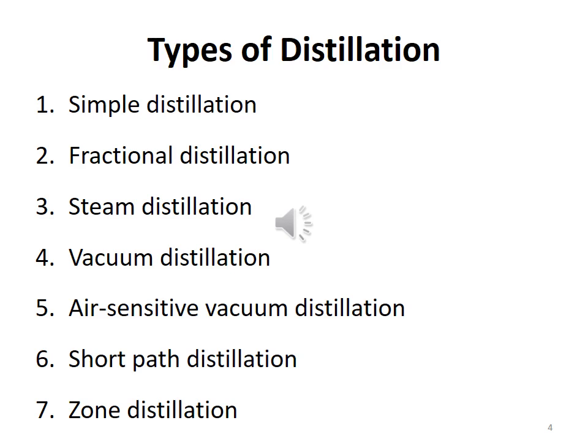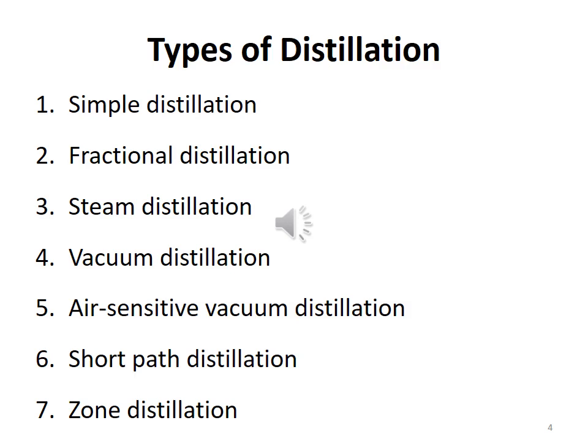So this simple distillation involves the process of vaporization and condensation. Number two is fractional distillation, which is used to separate mixtures of liquids that have a very close boiling point.